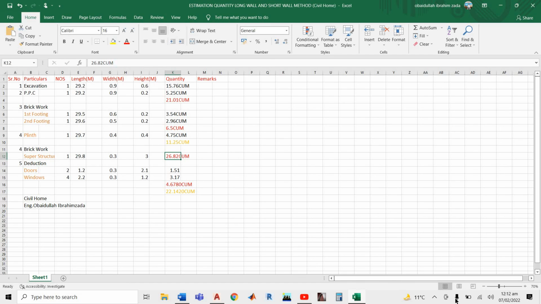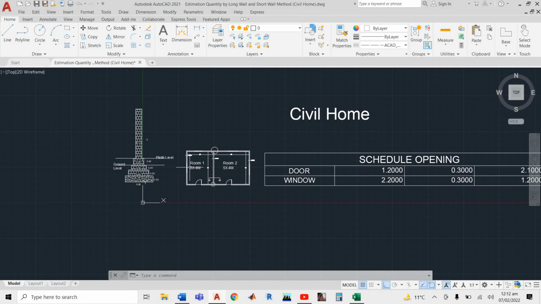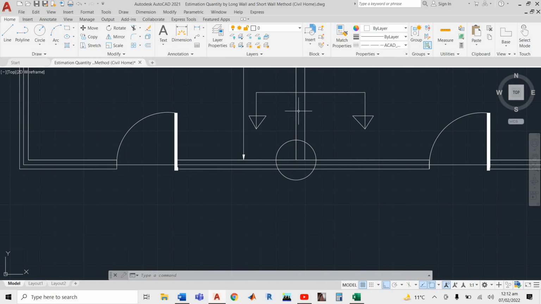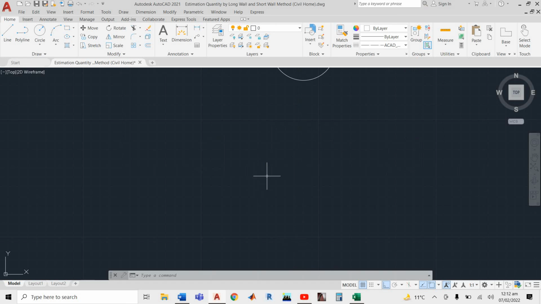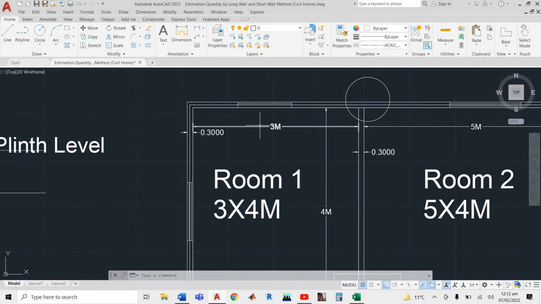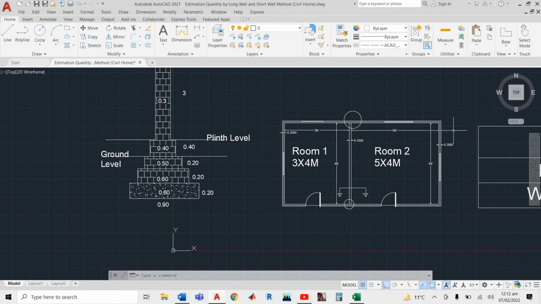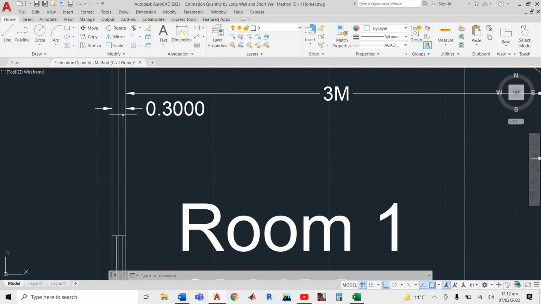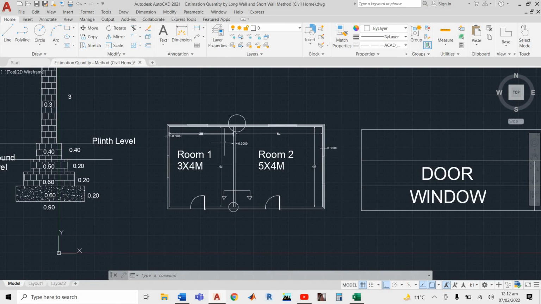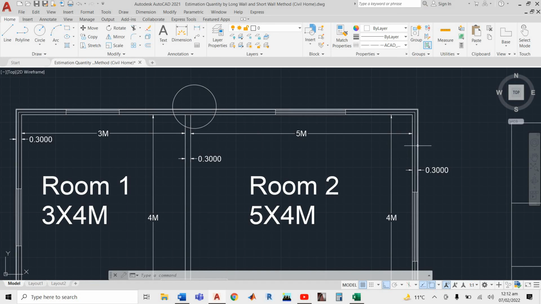So it's all about the method of the center line, that is how we can find it. First of all, draw center line, then determine the number of junctions that you have, and after that you find the horizontal wall and vertical wall. Horizontal wall 0.5 plus 3 plus 0.3 plus 5 plus, in here we have to get 0.5, not 0.3, because you have to get up to this point. 0.5 plus 3 plus 0.3 plus 5 plus 0.5.